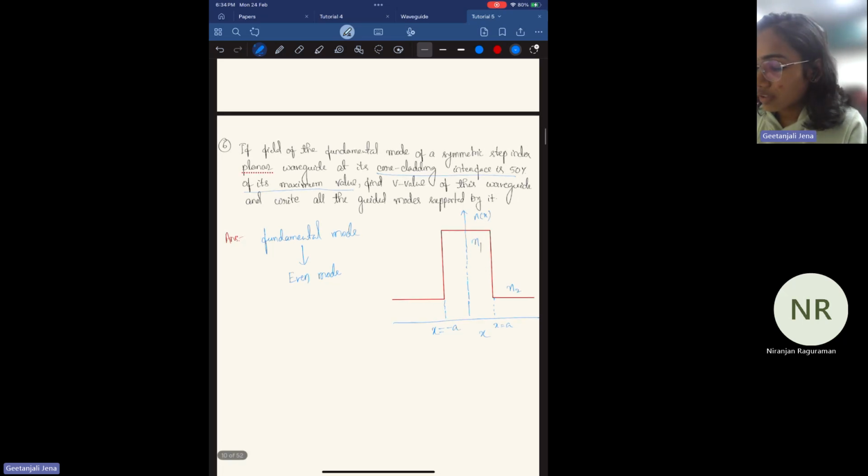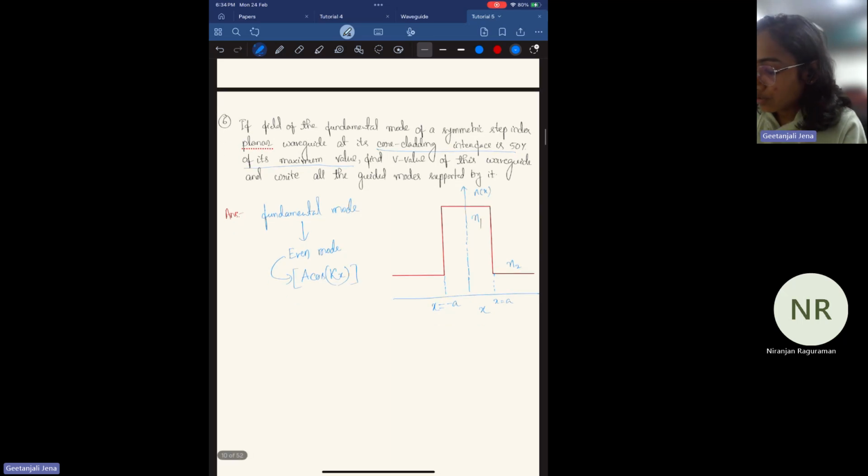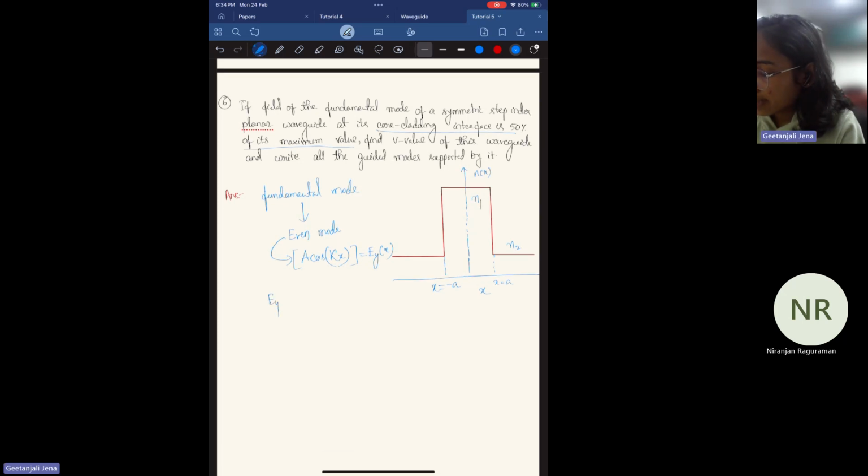Okay, so if you recall the even mode expression, the fundamental mode is A cos kappa x. So this is the fundamental mode. Let us say this is psi of x, or if you go through the electric field expression, it will be Ey(x). So it is given that Ey(x) at the core cladding interface, let us say we are looking at x equal to a, is half of its maximum value.